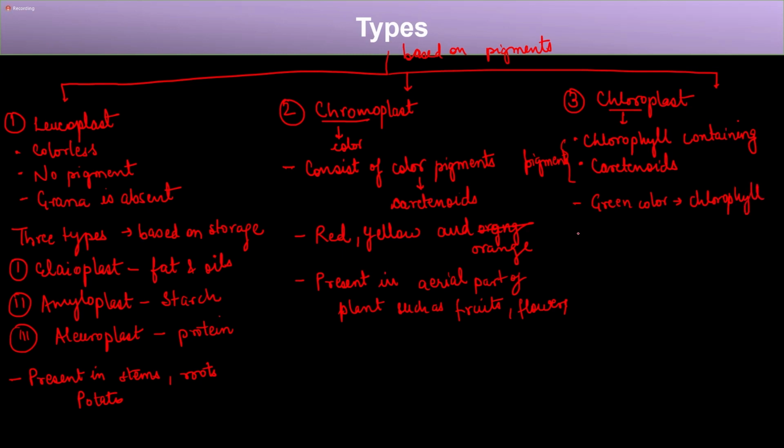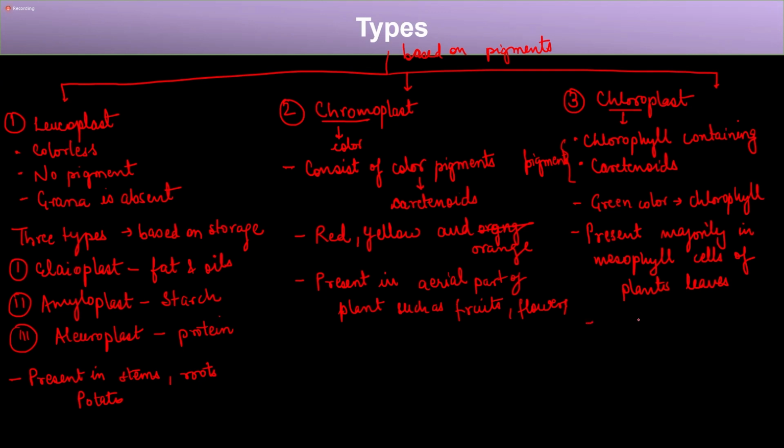Now, where are these chloroplasts present? They are present in all cells, but majorly in the mesophyll cells of plant leaves. The number of chloroplasts also varies from cell to cell.